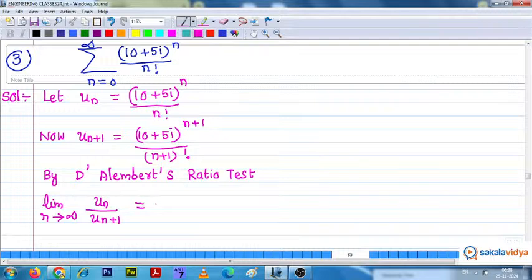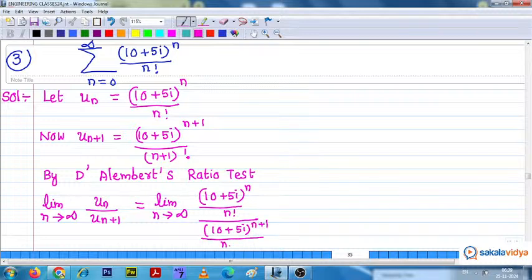So this equals limit n tends to infinity of un, that is 10 plus 5i whole to the power of n upon n factorial, divided by 10 plus 5i whole to the power of n plus 1 by n plus 1 factorial. Right, so let us try to simplify this one. Very interesting.